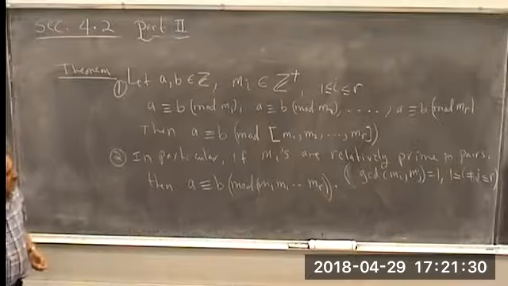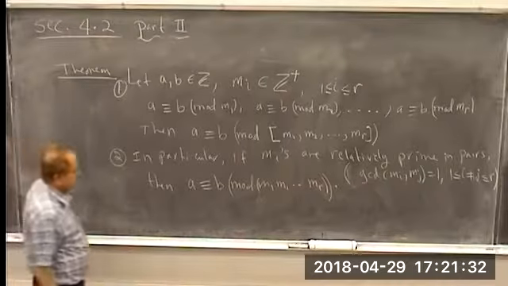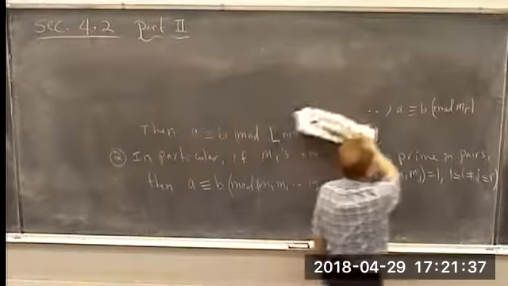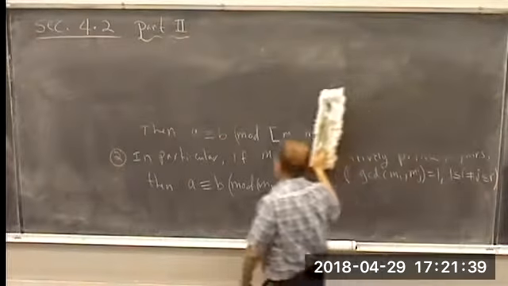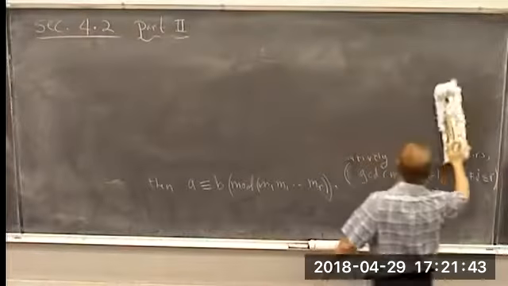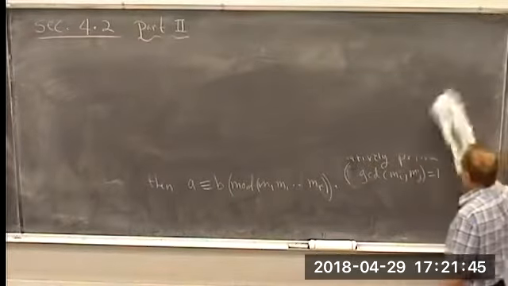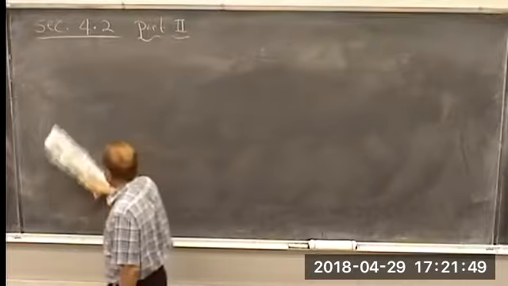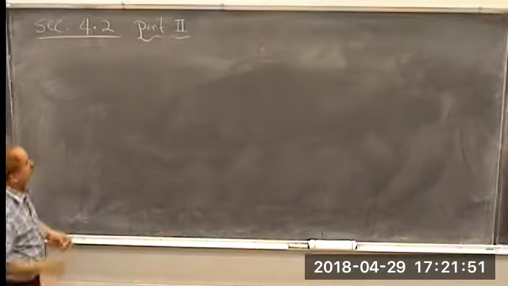All right, let's look at the proof of this. So we're going to start by taking the standard prime factorization of the least common multiple. Okay, there is the proof.